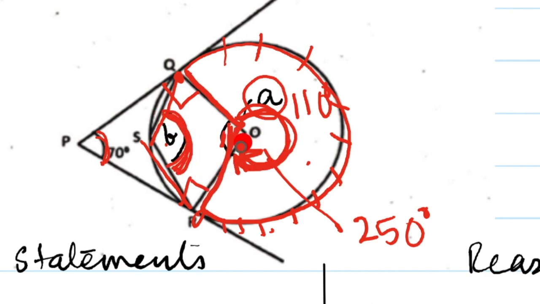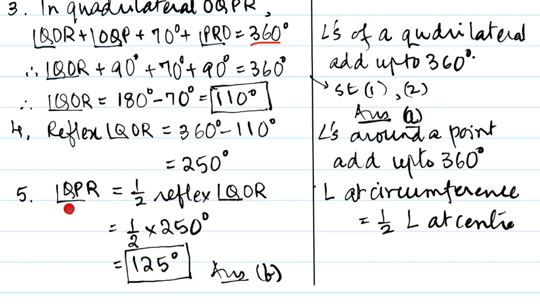So 250 and this B, they will be connected as half. This B is going to be half of 250. Angle at the circumference is half angle at the center. So can you see that QSR is half of reflex angle QOR, since angle at circumference is half angle at the center, so that is half of 250, which is 125.